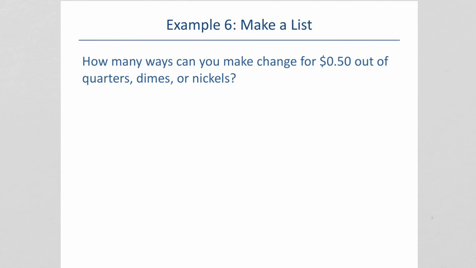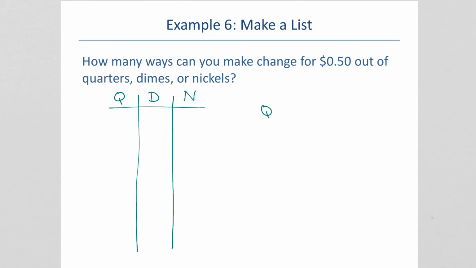How many ways can you make change for 50 cents out of quarters, dimes, or nickels? Let's make a list. So we have quarters, dimes, and nickels. We're going to see all the possibilities here.